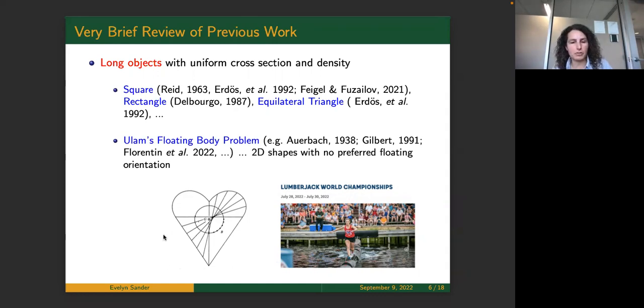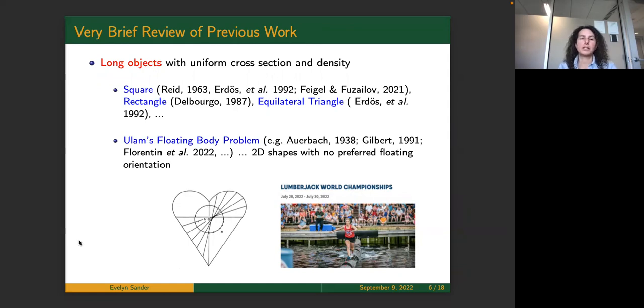And here is a picture of this heart-shaped region that also has the property that there's no preferred floating orientation. This heart-shaped one is the most appealing one, but in fact, in Auerbach's 1938 paper, he had a variety of different options of this sort, like a heart with more lobes, that also had no preferred floating configuration.